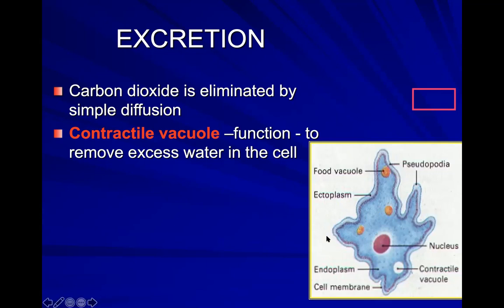The excess water will diffuse into the contractile vacuole. Once the contractile vacuole is full of water, this contractile vacuole will merge with the plasma membrane to eliminate the excess water. That's why the function of the contractile vacuole is to remove excess water in the cell, in the amoeba.